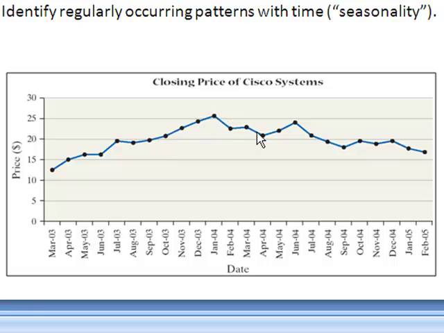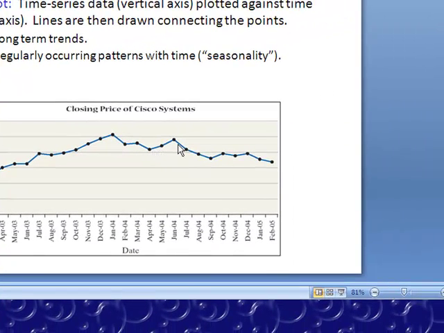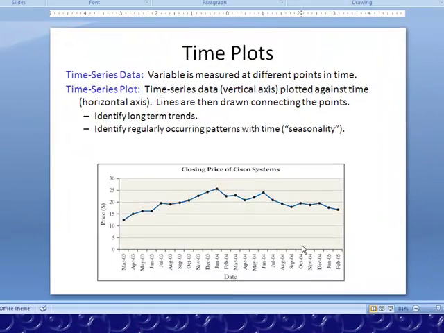Then it looks like it decreased, starts to increase, decrease, and then starts to level off toward the end of the 04 into 05 period. So you can read these and get what's happening over a long period of time. In other words, a trend that may be occurring or not occurring.